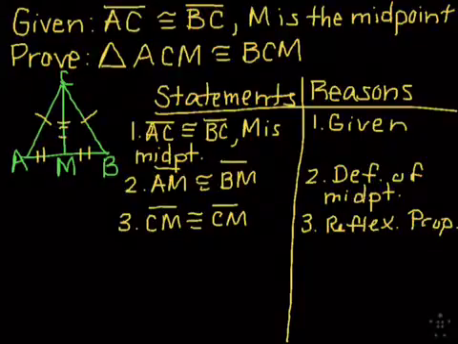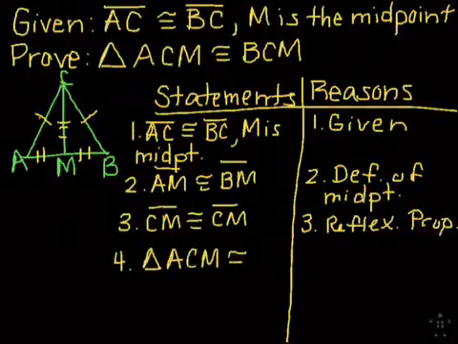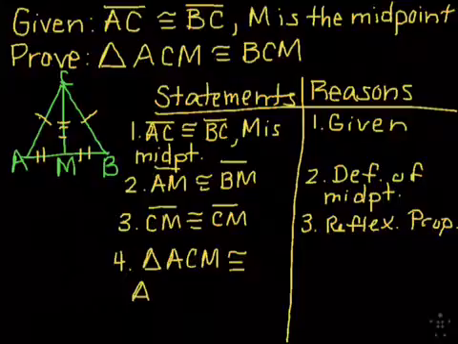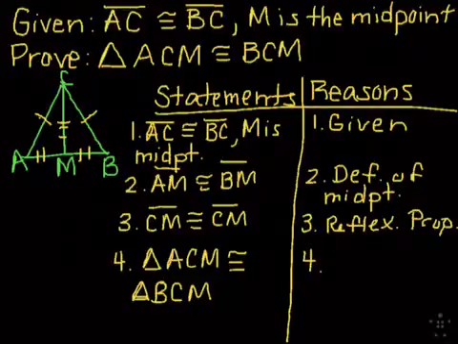So looking at your triangle, you have 3 sides that are congruent to each other. So we can conclude that triangle ACM is congruent to triangle BCM by side, side, side.